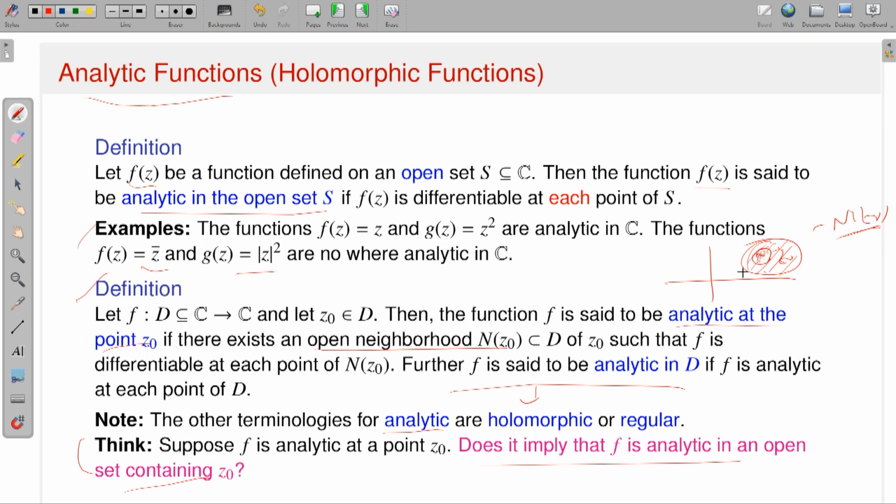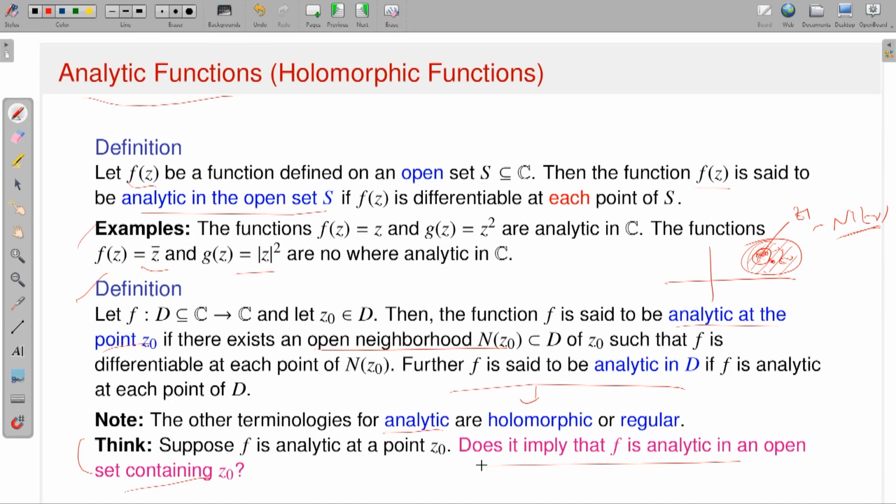That means even though I am saying my function is analytic at a point z0, it automatically implies that my function is analytic at a nearby point of z0 as well, and so on and so forth.